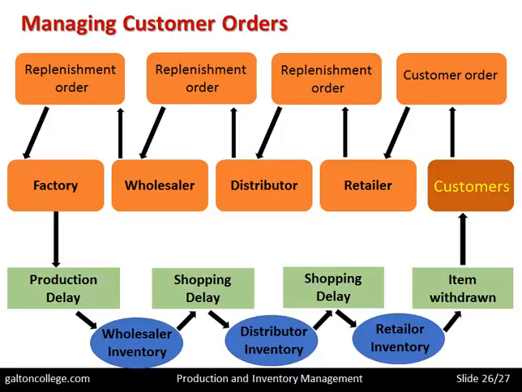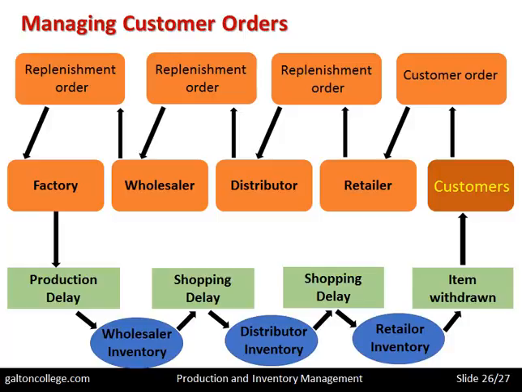With the retailer inventory, the item is withdrawn from the retailer inventory. So the customers receive the product, but the product has travelled a long way. It's gone round quite a long circuit. The customers place the order with the retailer, who may supply it out of stock. Then the retailer will need to replenish stocks once they run down to a certain level.